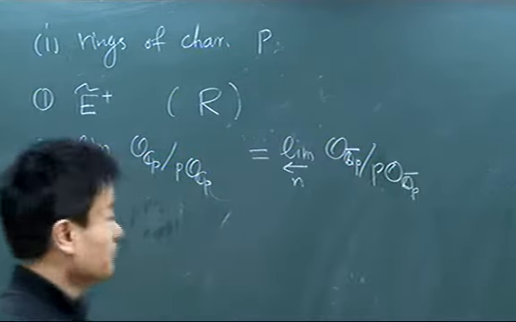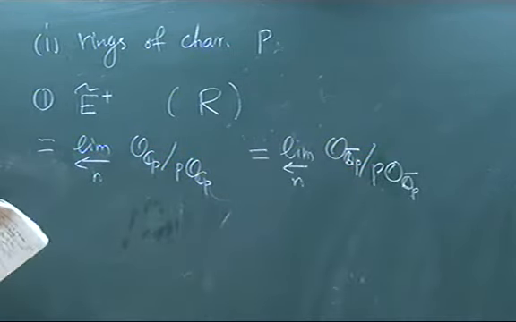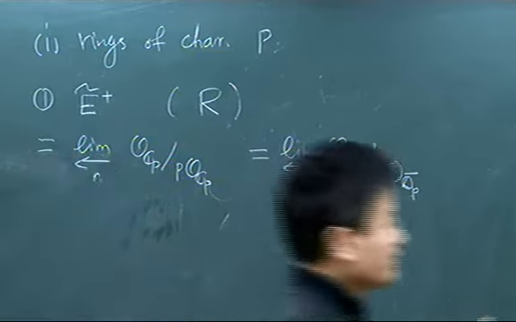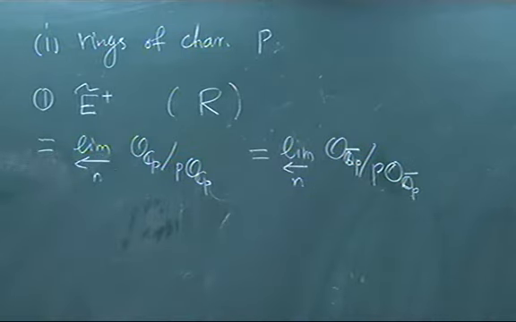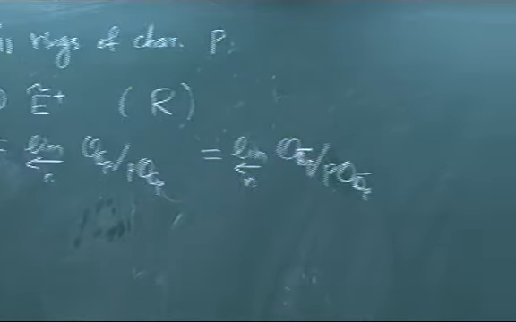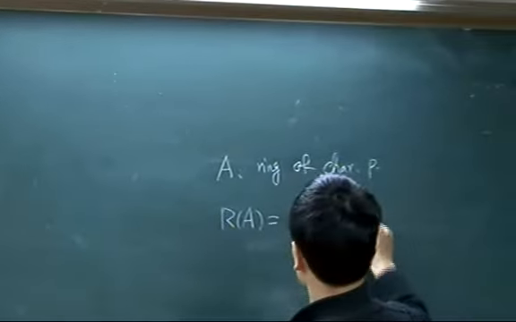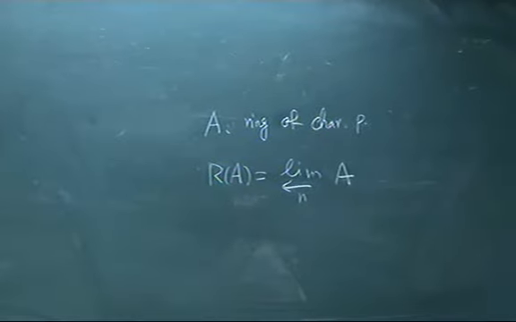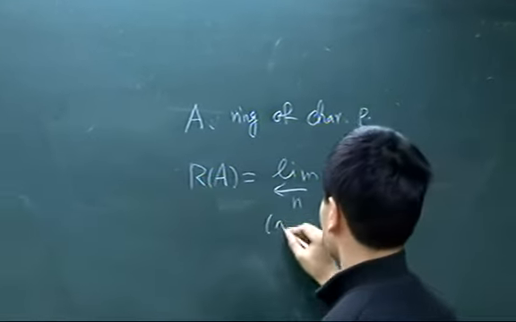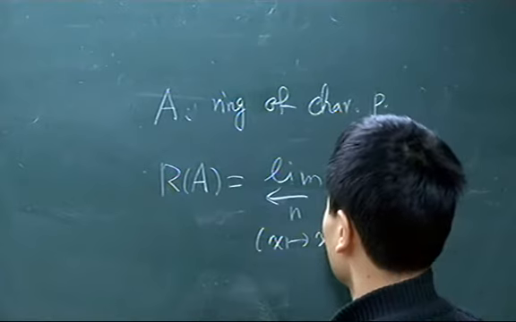So what is this projective limit? Basically, if A is a ring of characteristic p, then R_A is just this A, but the transition map is x goes to x to the power p.